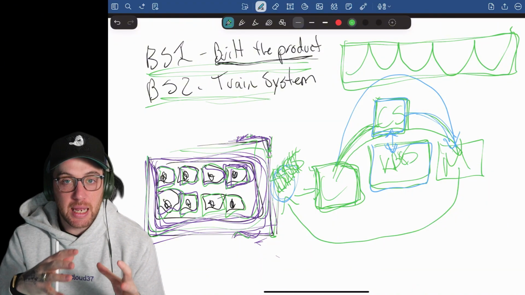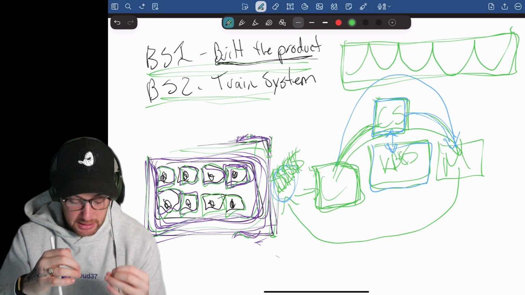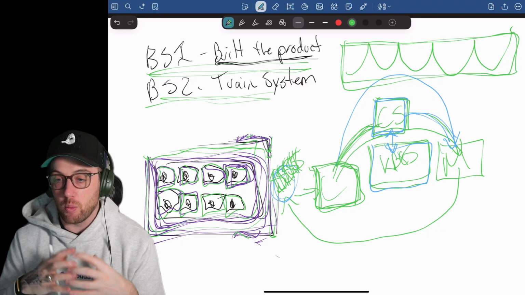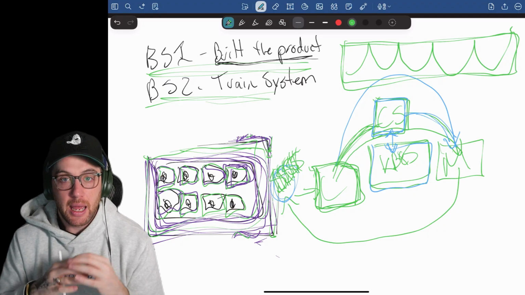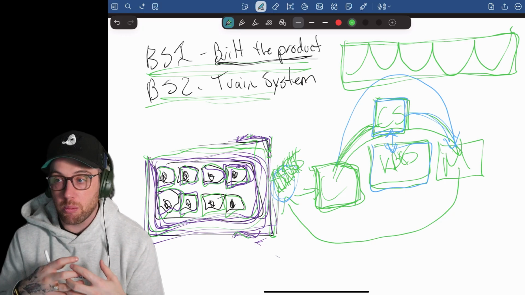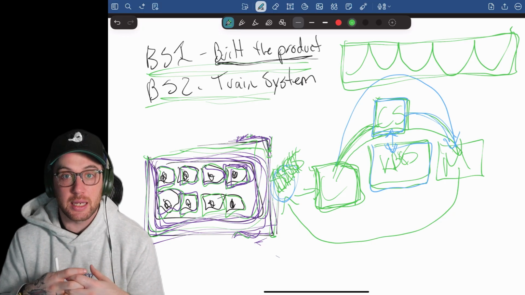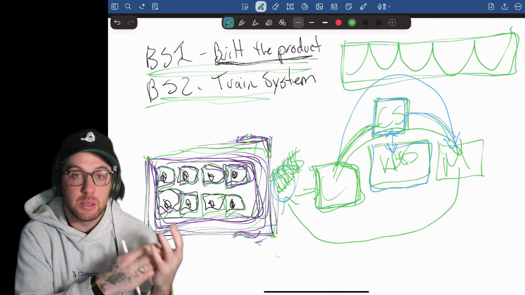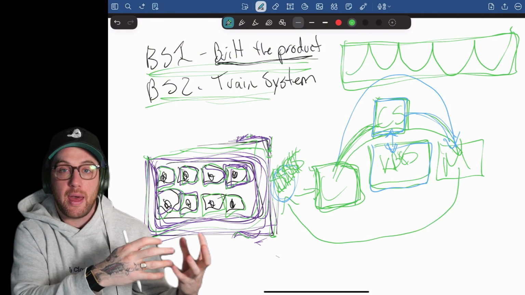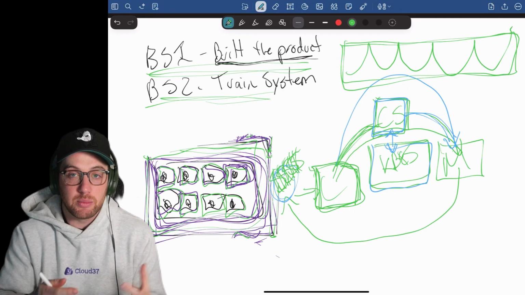It really doesn't have to be that complicated, and setting these things up doesn't have to be complicated. This is what we do at Cloud 37 every single day for ourselves and for our clients. We know more about our clients when they work with us than most of the time they know about themselves, because it's our job to extract that information for them so they can build these systems for themselves.